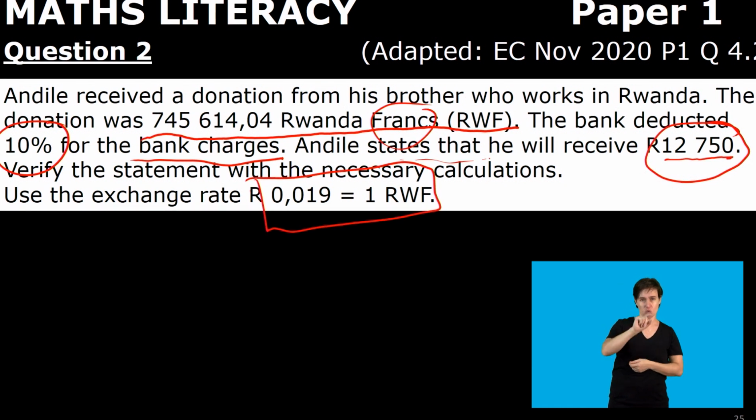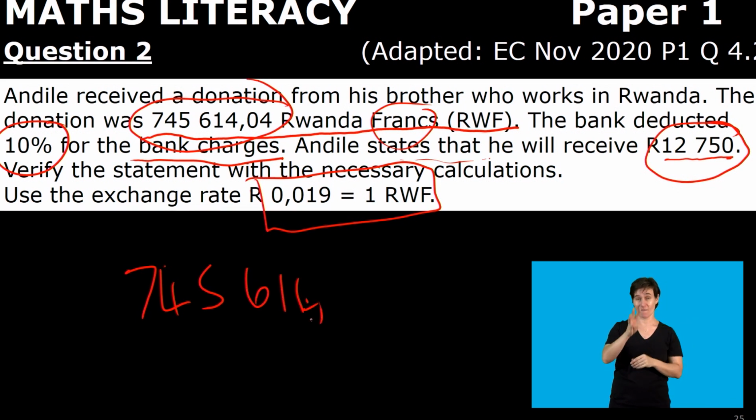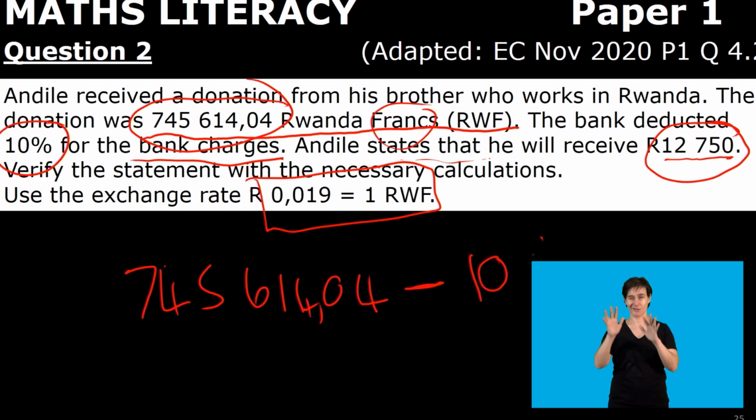Okay. So first of all, what we need to do is you are going to take the donation, that's 745,614.04, and then you are going to deduct the 10%.